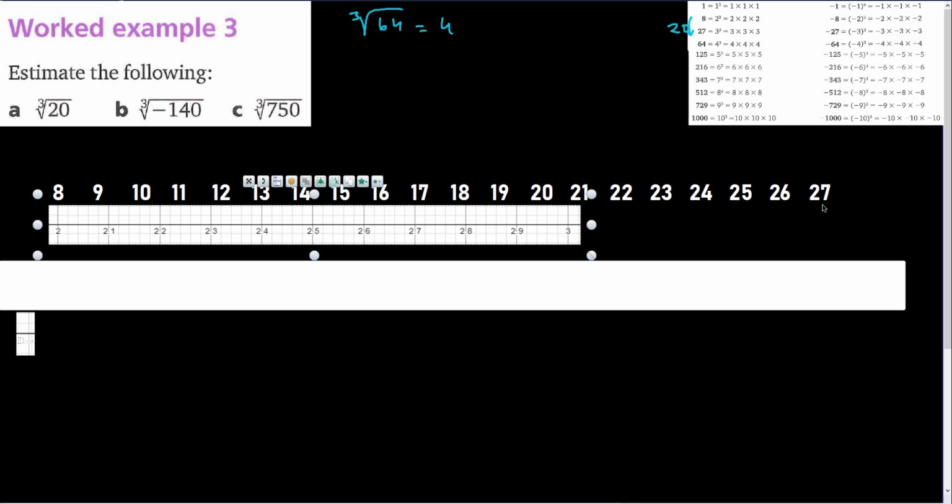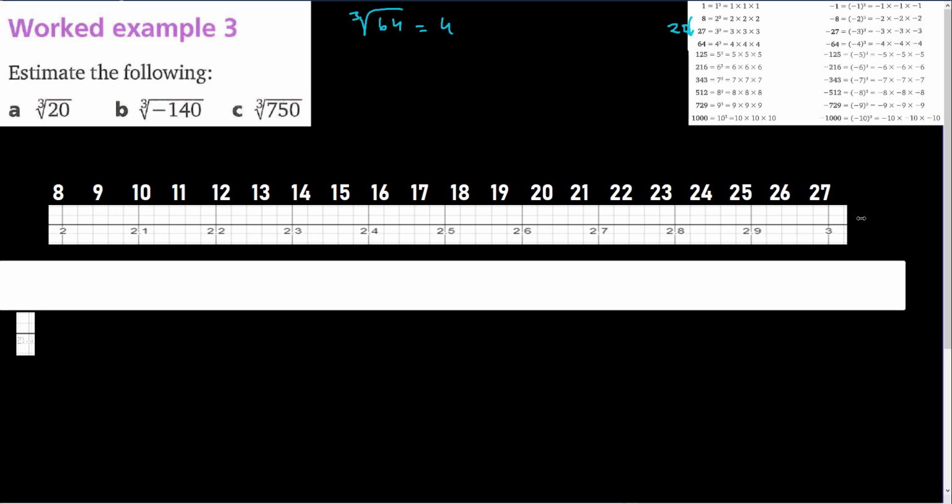Okay, when I open this part here, I know that the cube root of 8 is equal to 2, from this table. And the cube root of 27 is going to be 3, and with respect to that, we are going to try to guess all the numbers between 8 and 27 in this table.